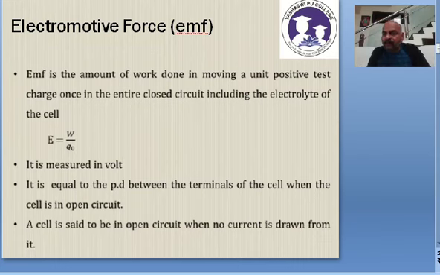I told you it is not a force, it is a misnomer. It is nothing but the work done per unit charge. Therefore, it is equal to volt. So the other two definitions we will learn later. So now just move on to the next slide, that is what is the internal resistance.